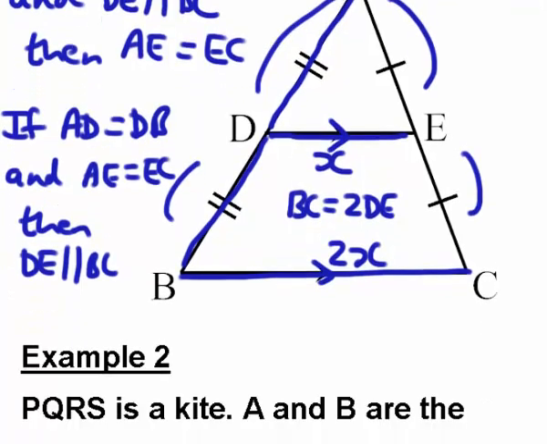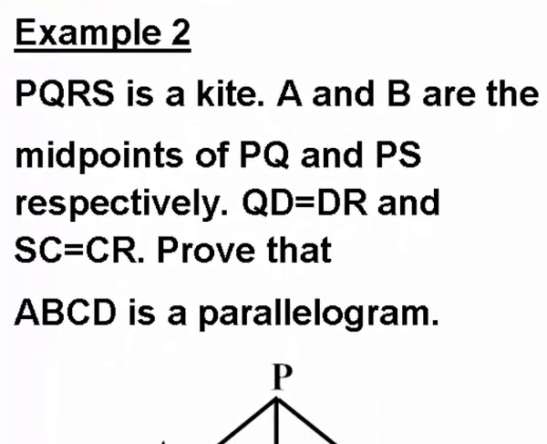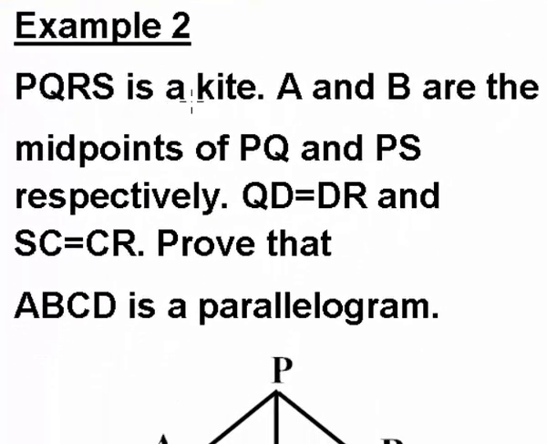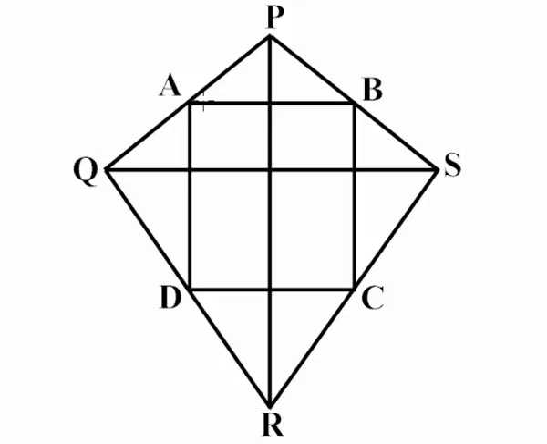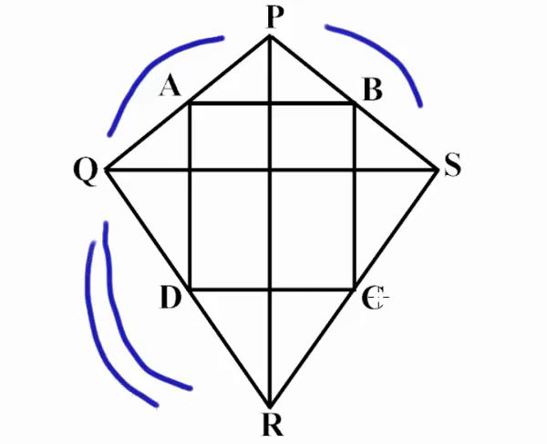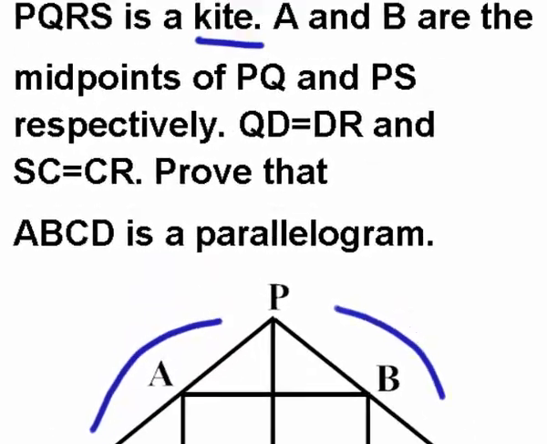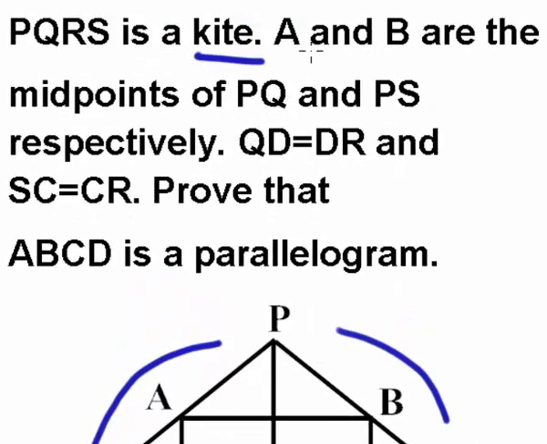Okay, now let's explore an example that involves the midpoint theorem. Have a look here. PQRS is a kite. So if it's a kite, QP, this whole side, is equal to that whole side, and this whole side is equal to that whole side. But they're also saying that A and B are the midpoints of PQ and PS.